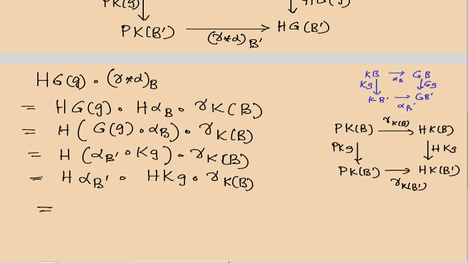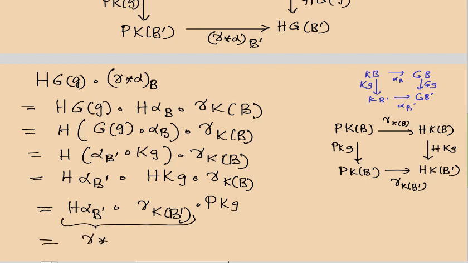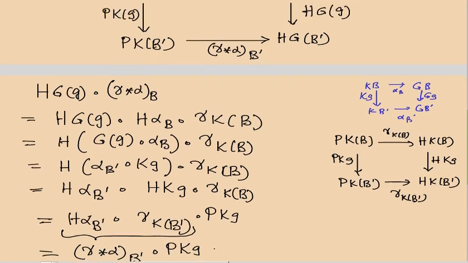This is H alpha B prime composed gamma KB prime composed PKG. But now observe, this is nothing else but similar to this. So this is gamma star alpha at B prime composed PKG. So that shows that this is natural.